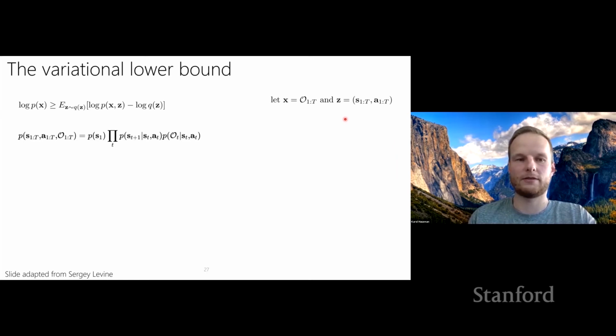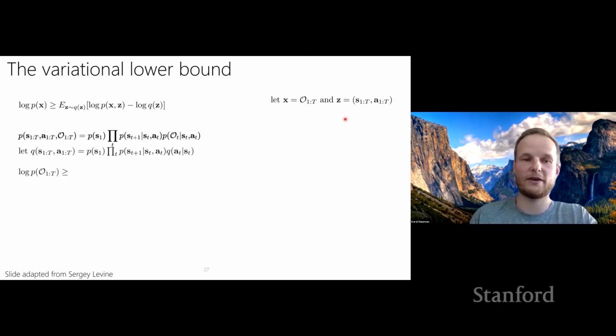Right, so if we do that, then we have our joint probability distribution of P of X comma Z, and we have our variational distribution Q of Z, or Q of S1 through capital T comma A1 through capital T. We will now do the assignment, and so we will say that the log probability of our optimality, 1 through capital T, is lower bounded by the expectation now.